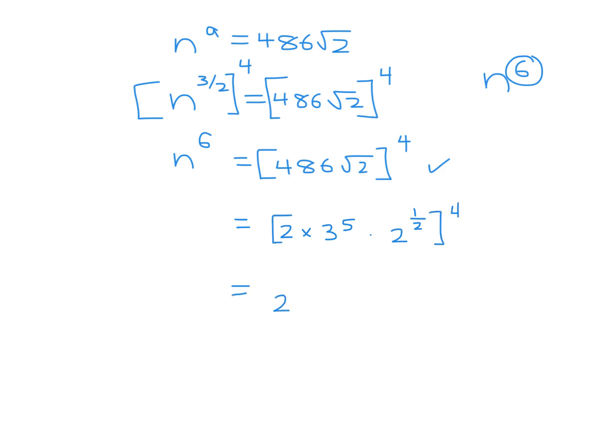So this will be 2 to the power of 4 times 3 to the power of 20 times 2 to the power of 2. And if you combine that, it'll be 2 to the power of 6 times 3 to the power of 20. Whatever, I mean, this is perfectly correct. So in either way, that's the value for n to the power of 6.